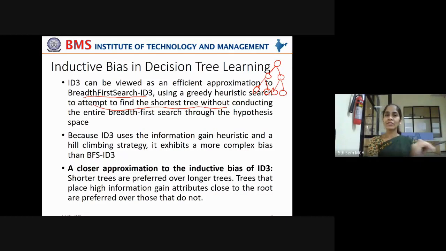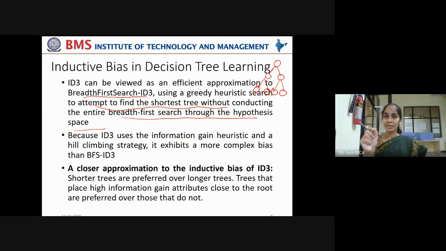That is why first it checks all the level 1 decision trees. Then only it goes to the next level of complexity, right? Without conducting the entire breadth first search through the hypothesis space. So it is attempting to find the shortest tree without conducting the entire breadth first search through the hypothesis space.